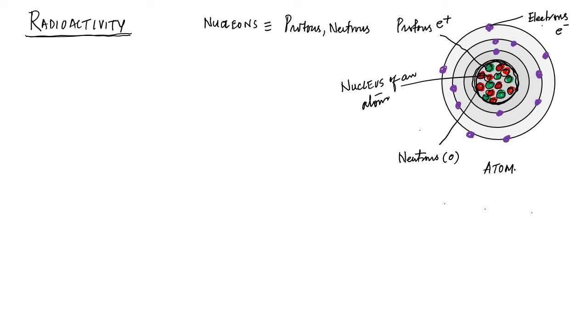So this is how we look at an atom, in which you have a nucleus, and electrons are revolving around it. And the protons are responsible for holding these electrons revolving in a certain orbit around the nucleus.